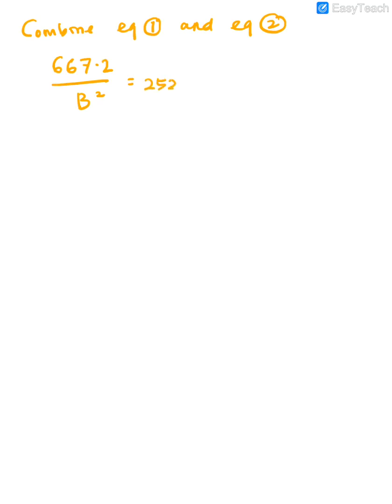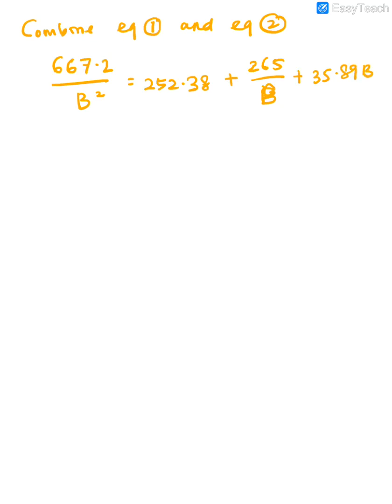After you get equation number 1 and equation number 2, you combine them. So 6.2 over B squared, which is equation number 2, equals 252.38 plus 265 over B plus 35.89B.